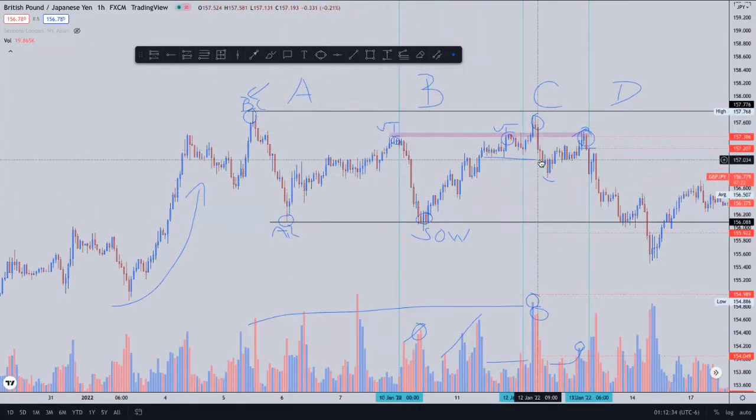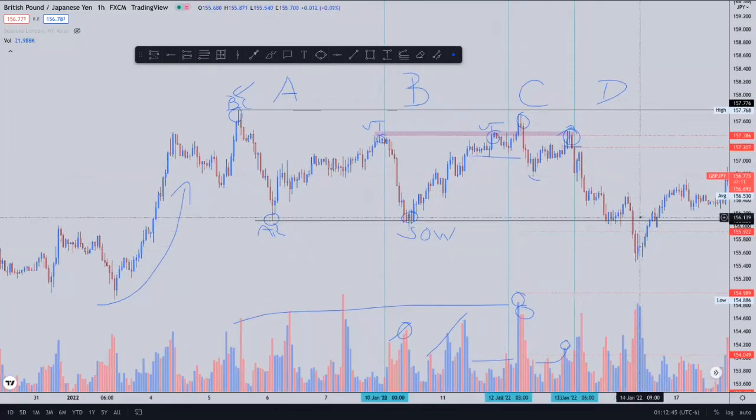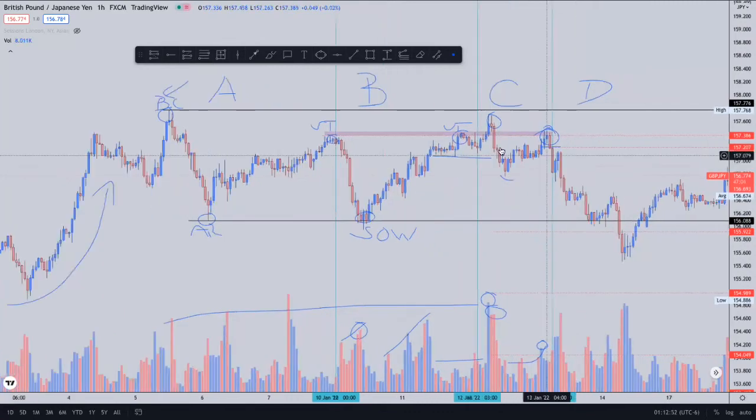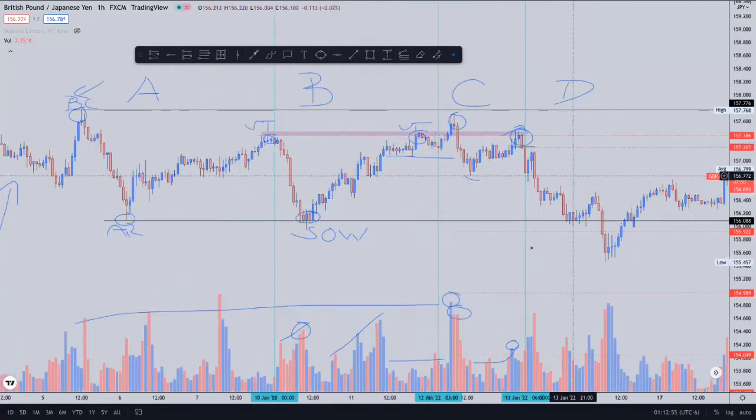And essentially we were in this range since about January 13th to January 6th. So about 5 or 6 days we're in this range. So you could see another 5 or 6 days of dropping or price failing to go higher and so on and so forth, right? So now we're in phase D. And what do we have again?